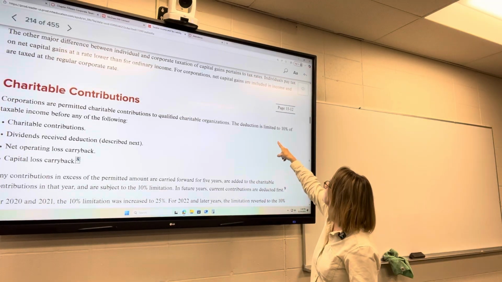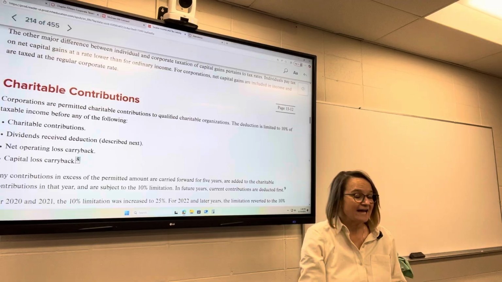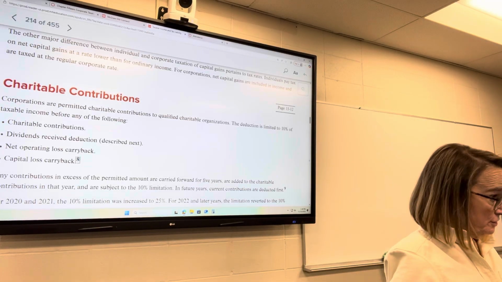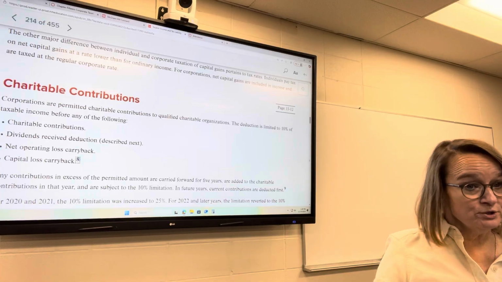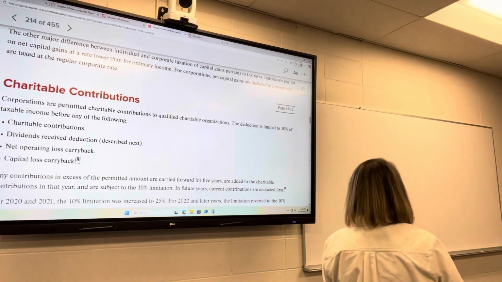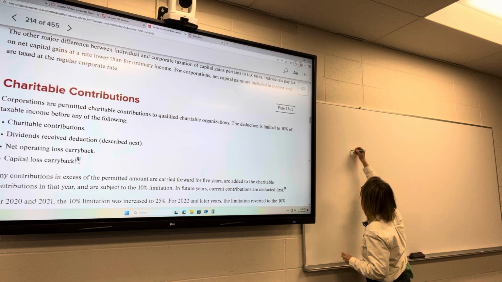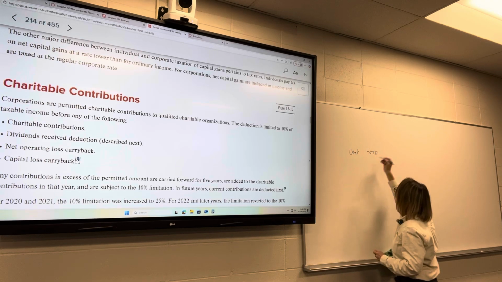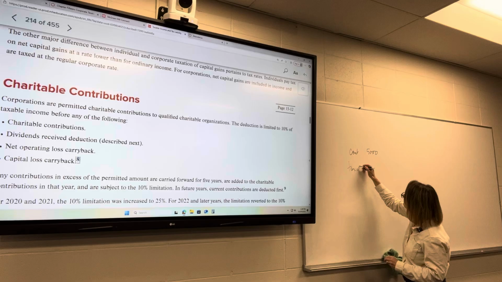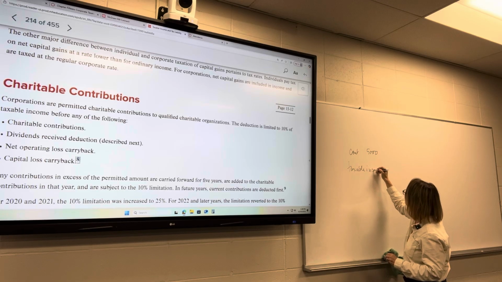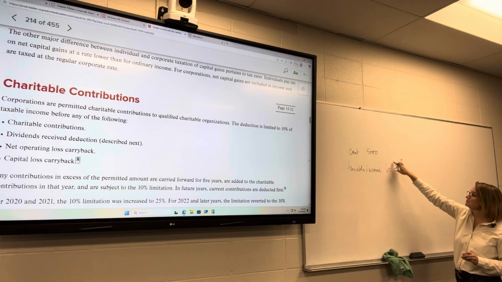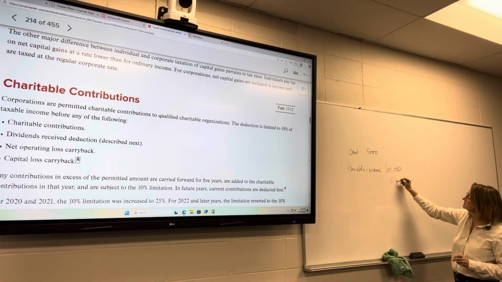So 10% of taxable income. Not 10% of the deduction or of the contribution, but 10% of taxable income. So if we have a contribution of $5,000 and we have taxable income of $60,000, what we're going to multiply the 10% by is this.